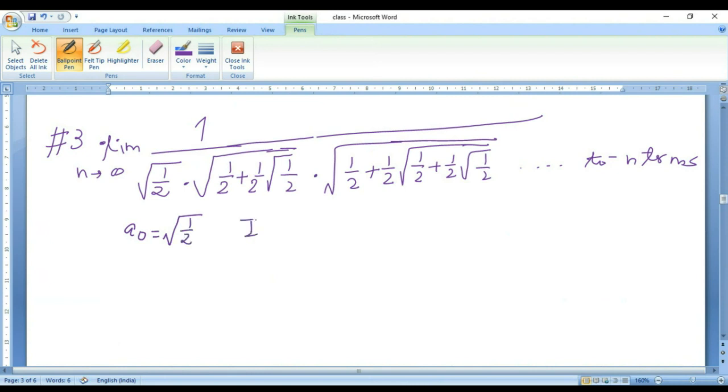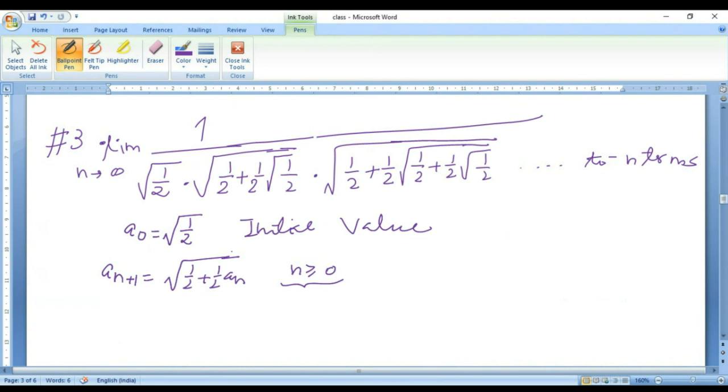That is your initial value. And then I will define a n plus 1 as the square root of half plus half a n, for n greater than or equal to 0, because a naught I know. So there is no harm in starting n at 0. I know the seed value a naught.